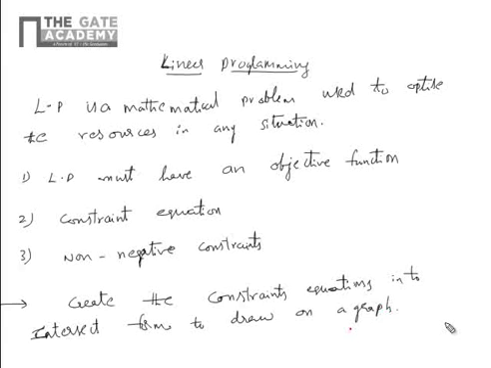Actually, in a simple case of this linear programming problem, if you have only two variables, then you can solve it by drawing on an XY chart, a 2D diagram.